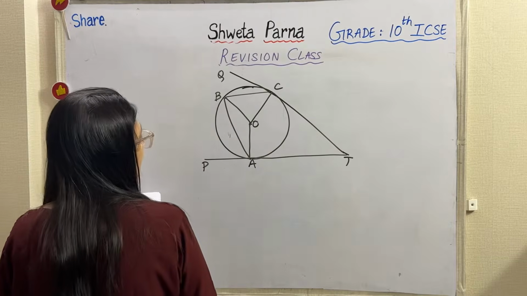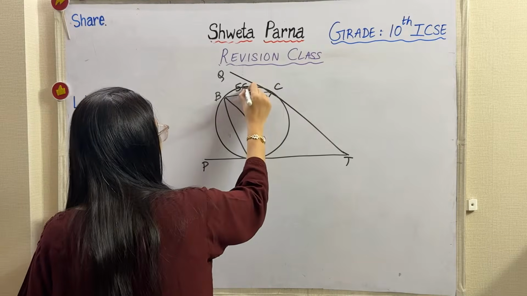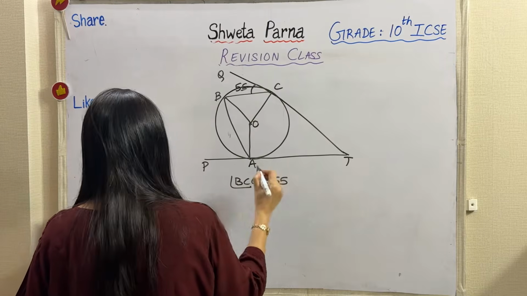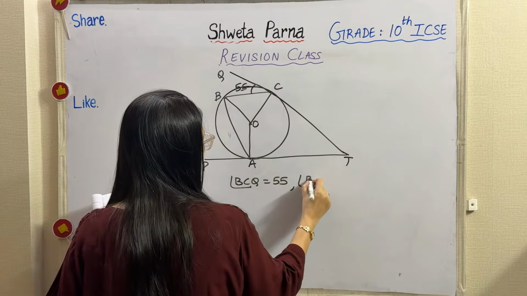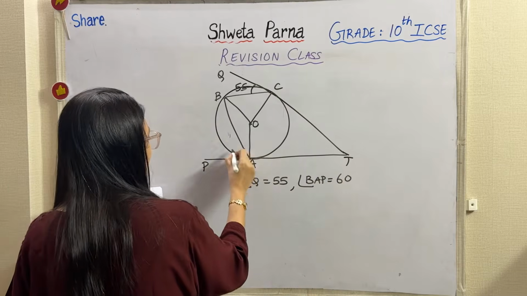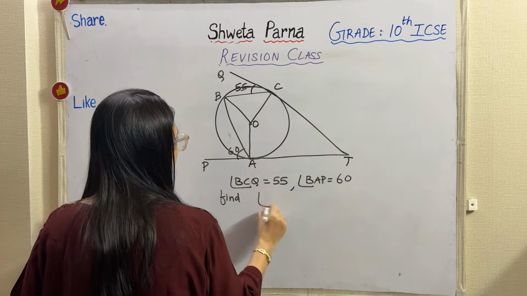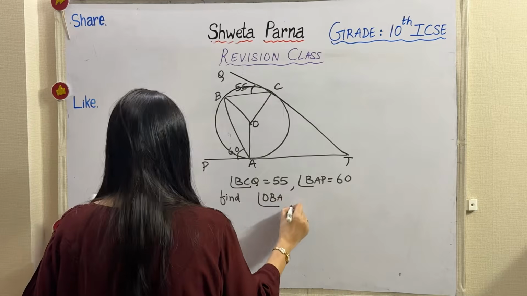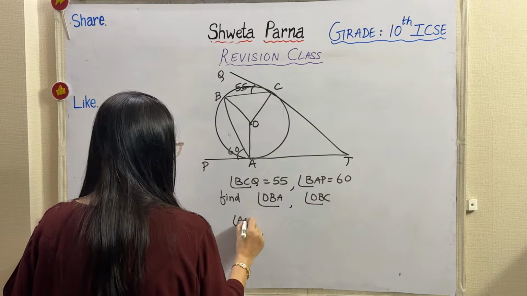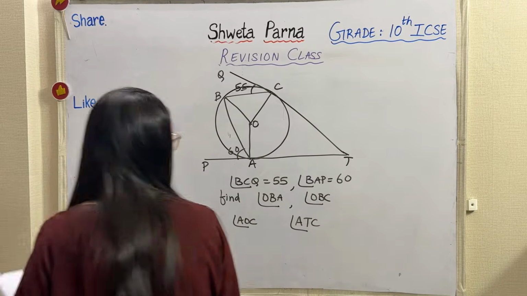Center is O, angle BCQ measures 55 degree. And angle BAP is 60 degree. You have to find the measure of angle OBA, angle OBC, angle AOC, and angle ATC. Come on, solve it.